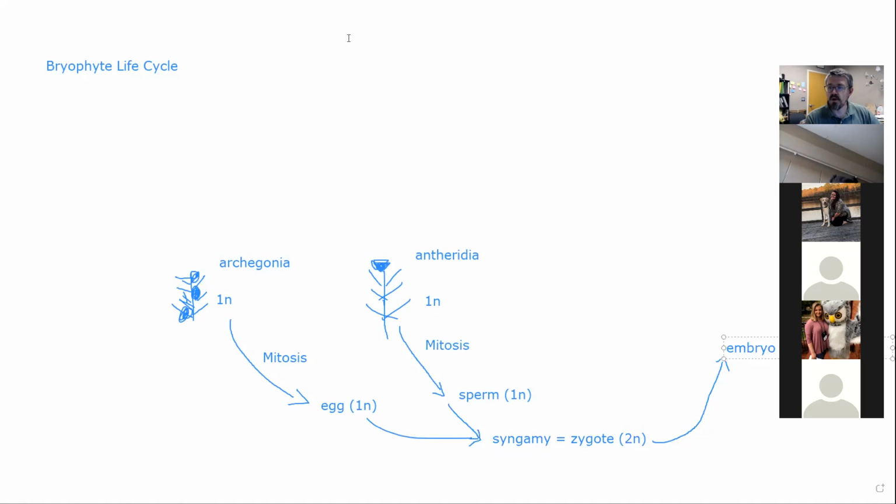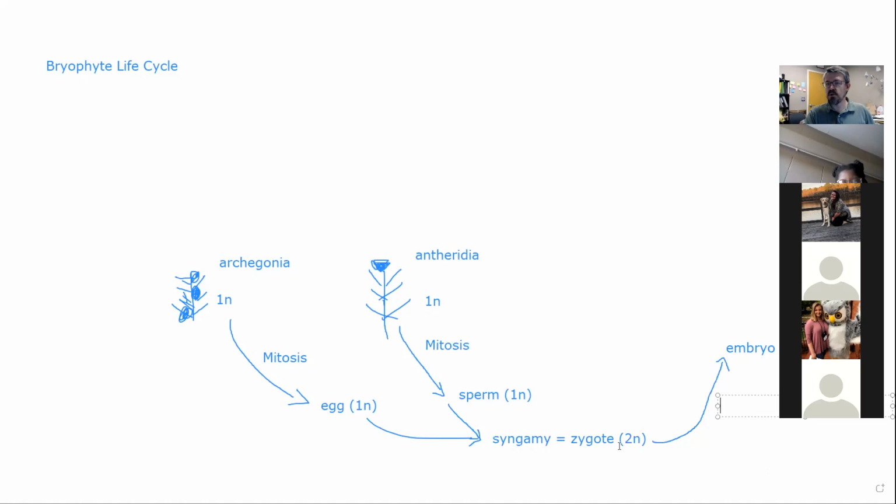So if we went from 2N zygote to 2N embryo, what process do we go through here? Syngamy, mitosis, meiosis, whichever you want to call it. So we went from zygote to embryo. Which one of the above? It's not meiosis.